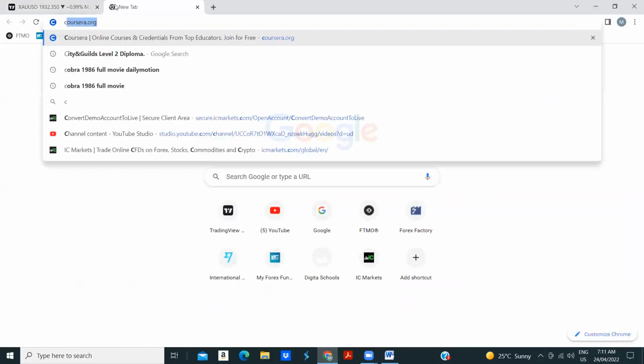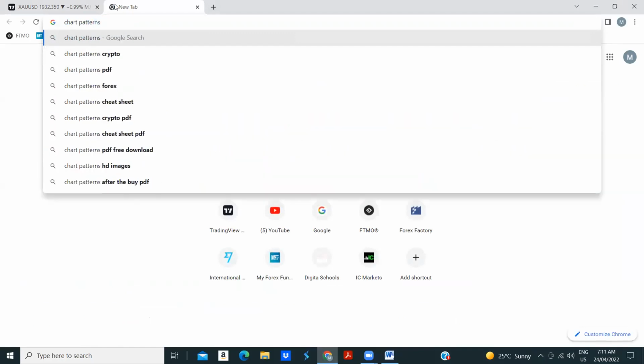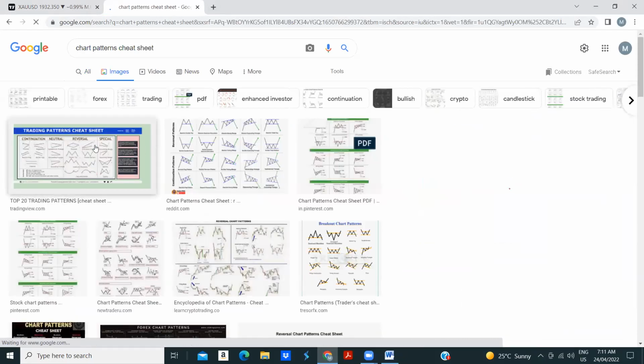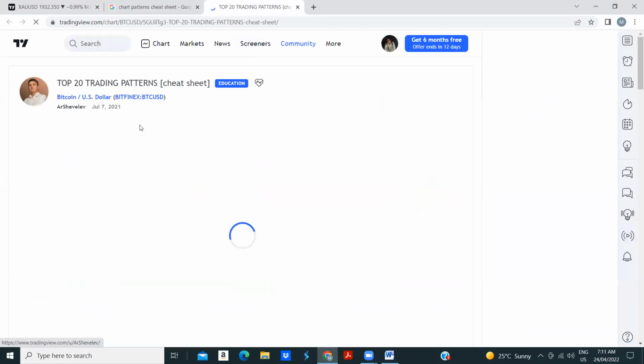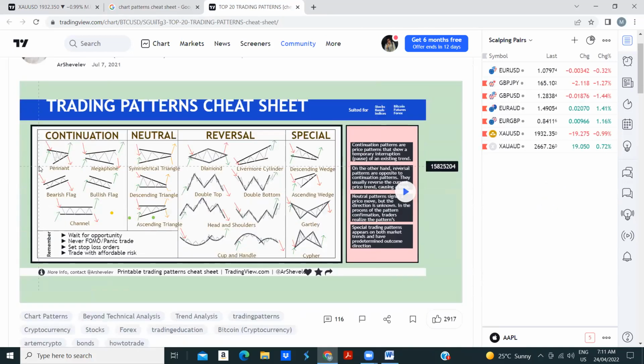These patterns you can learn online. You can easily find them. If you search for chart pattern cheat sheet, you can see the trading pattern cheat sheet. Open this.